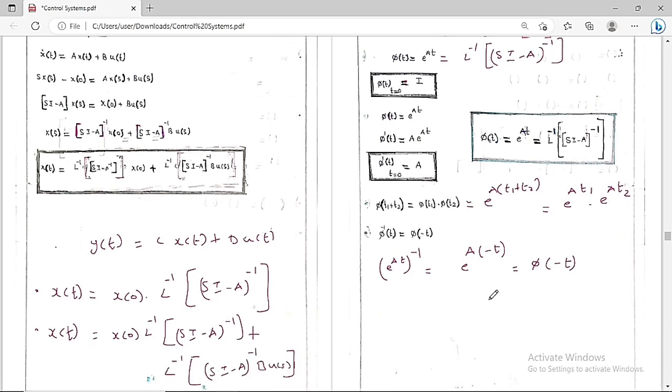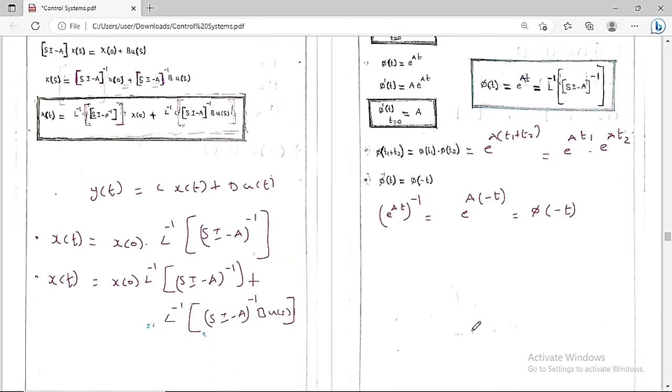Finally, I can write all the properties here. Listen carefully. Phi of t, the state transition matrix, is equal to e to the power of at, which is equal to the Laplace inverse of (sI minus A) whole inverse.